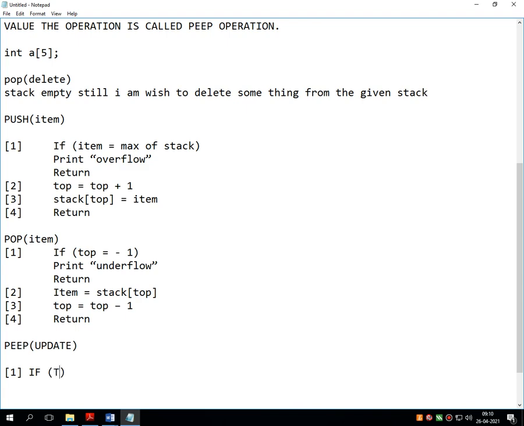If top is equal to -1, it prints underflow, and the program gets returned.